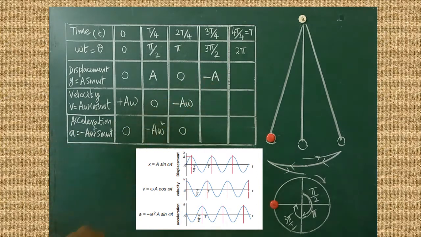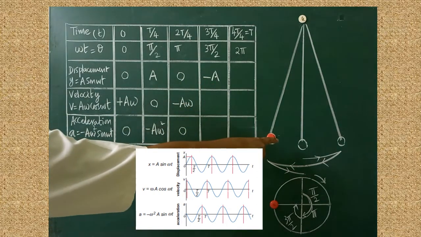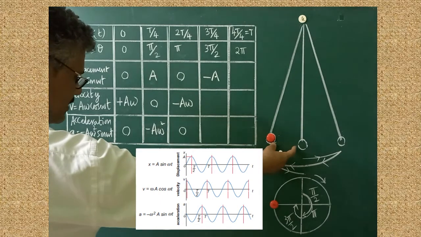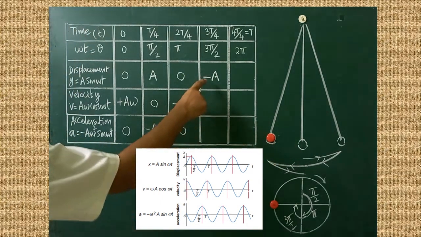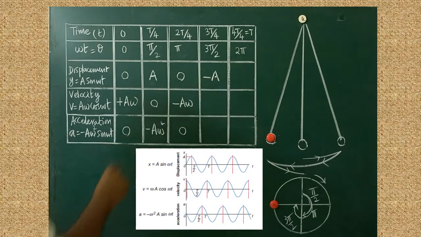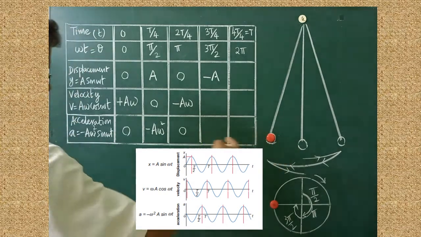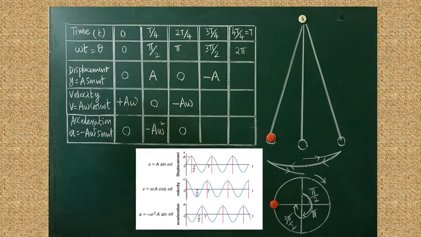What does that minus a indicate? When the bob comes to the left extreme, this distance is called minus a. That is the negative amplitude. Maximum displacement of the vibrating particle is called amplitude, but the displacement is measured on the negative side, therefore the minus sign must be written.